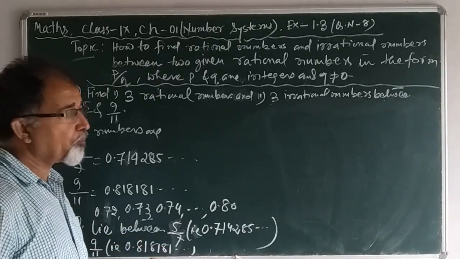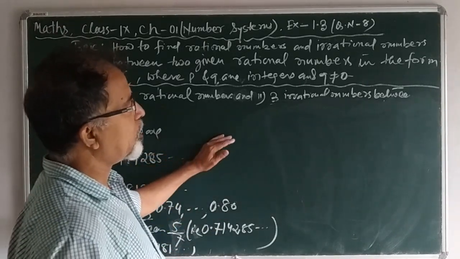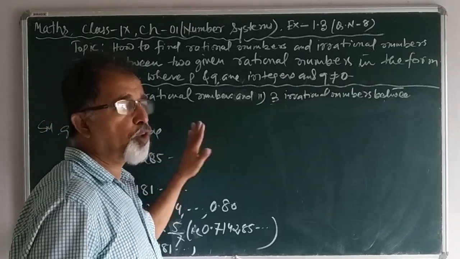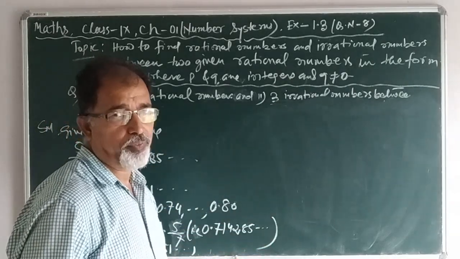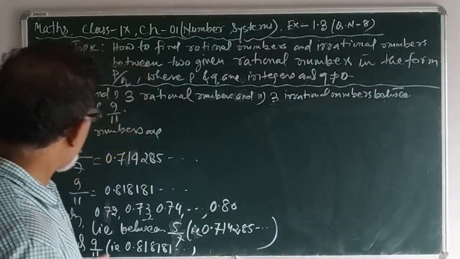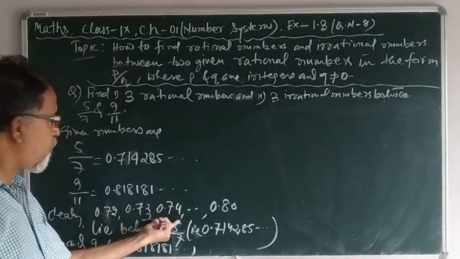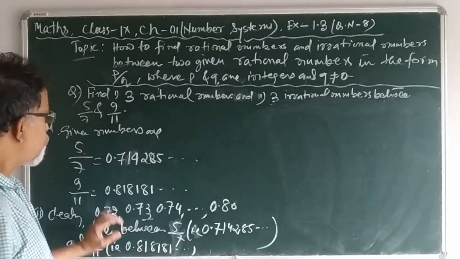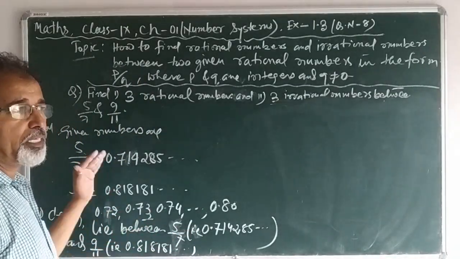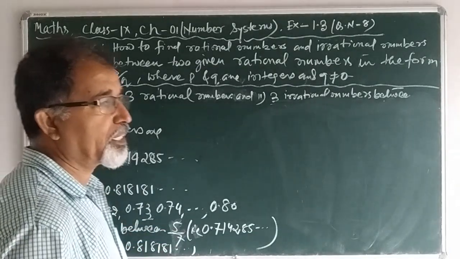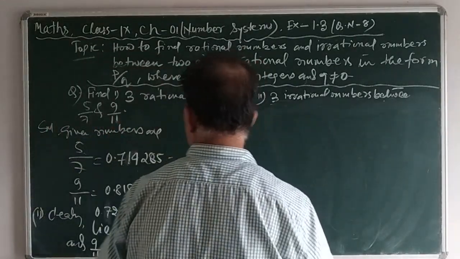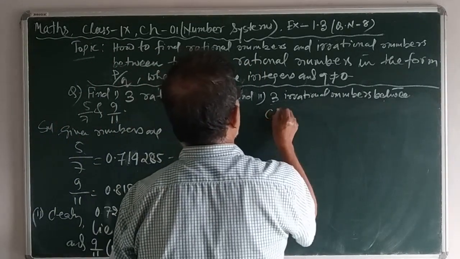You already know the decimal expansion of an irrational number is non-terminating, non-recurring. That's why, by taking any 3 numbers from 0.72 to 0.80, we will write them in non-terminating, non-recurring form. And I am going to explain how we will write them.